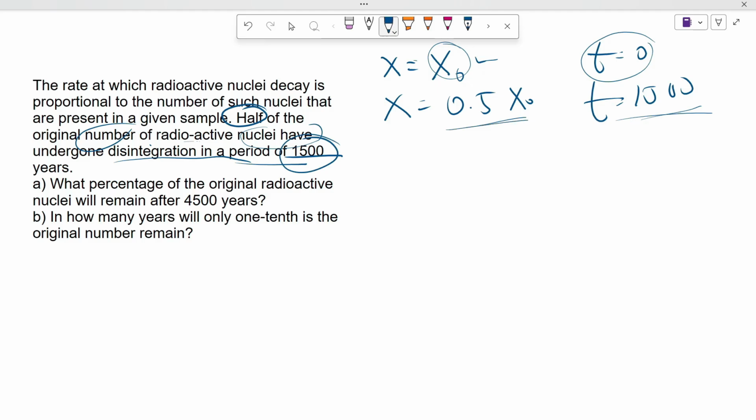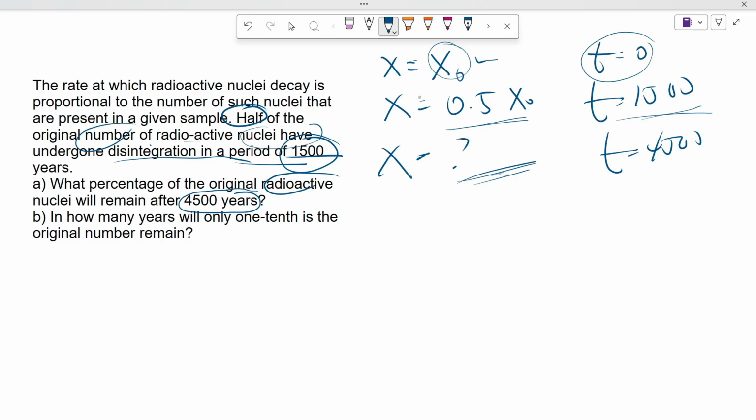What percentage of the original radioactive nuclei will remain after 4,500 years? So what is the answer here? That is the value we need to find.